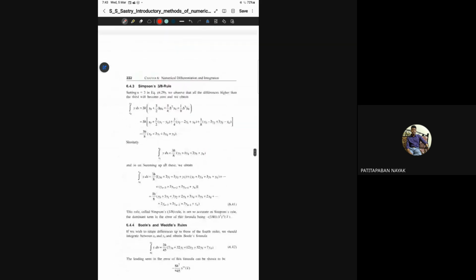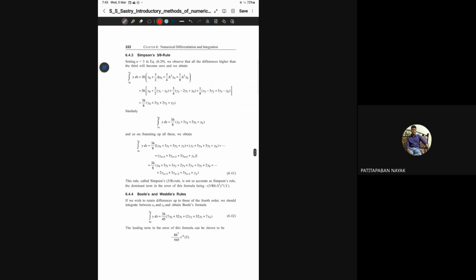Similarly, if you use Simpson's 3/8 rule, then you will be using this formula. There are a few other formulas as well. Like this, we can find the value of the integration.